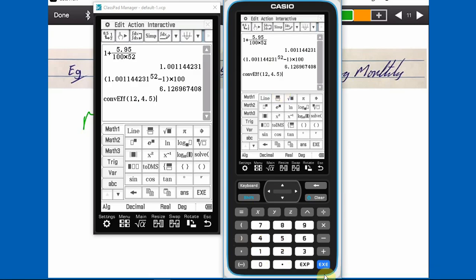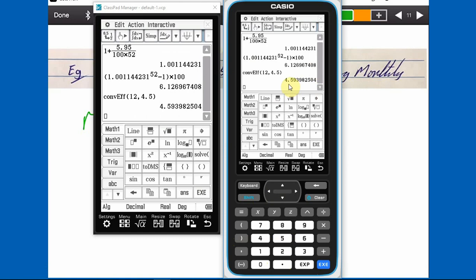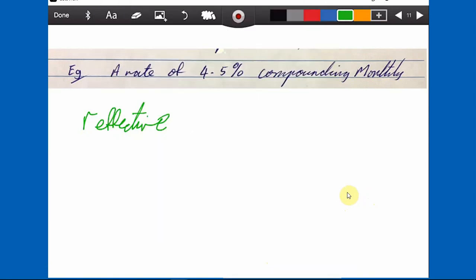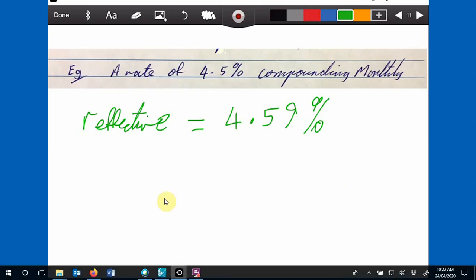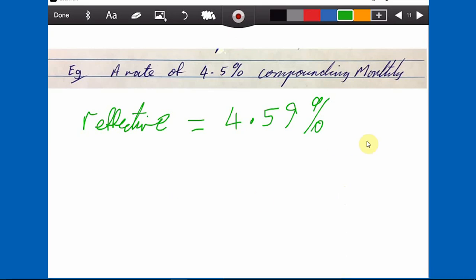Close the bracket, EXE. There we go. So my effective rate, 4.59 to 2 decimal places, 4.59% is the effective interest rate. Then you can compare that with your other effective interest rates, and depending on whether you're borrowing or investing, you choose which one's your best option.